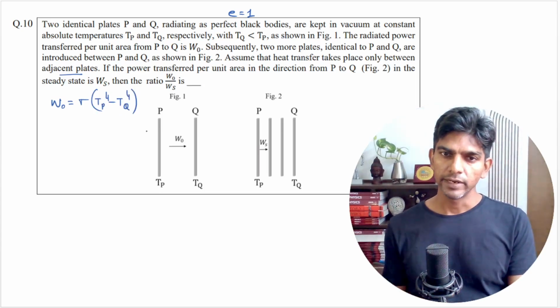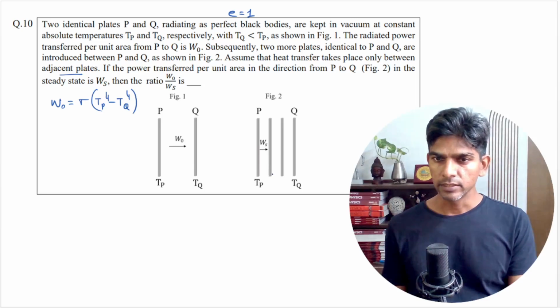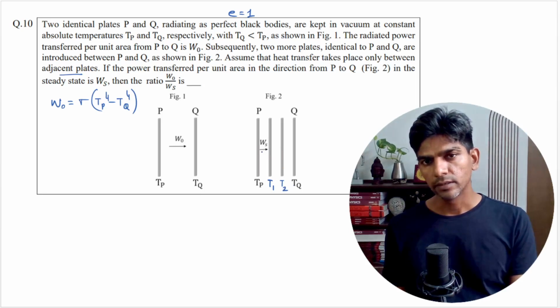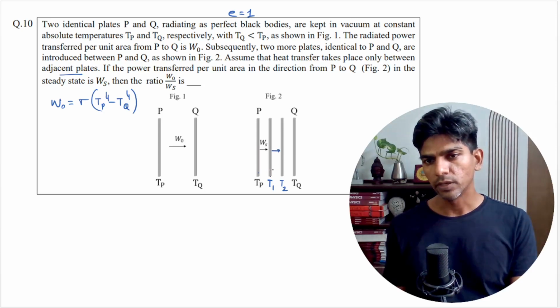So that is W naught. And let us say the two plates have temperatures T1 and T2. And in steady state, the power transferred per unit area from P to T1 will be the same as the power transferred from T1 to T2, and the same for the power transferred from T2 to Q.